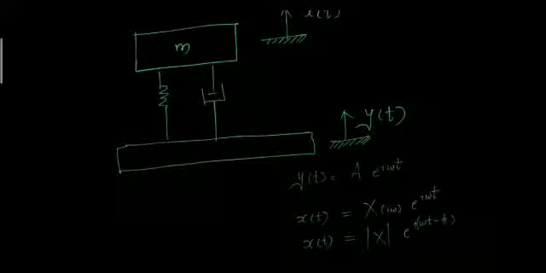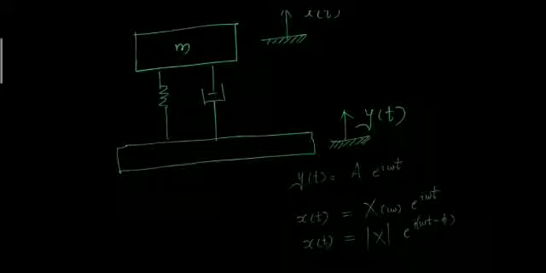In a jet engine case, this will be the jet engine which is vibrating at a given amplitude and a given frequency, and this could be your cockpit where your people are sitting. So depending upon each of the applications, this base can be thought of as something, or the little m can be thought of as something else.